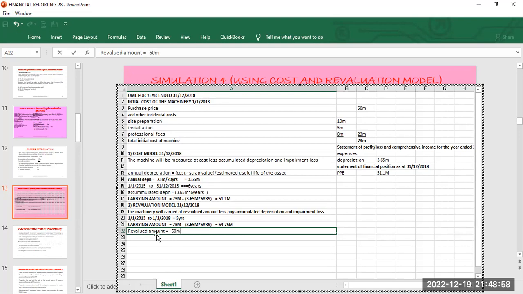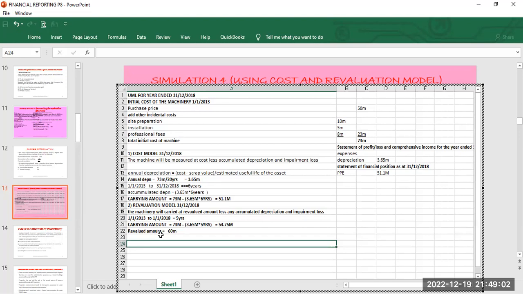That's what they gave us in the question. So when you look at that, we try to compare. We said to get a gain or loss, we get the revalued amount minus the carrying amount. So this is 54.75 million, but the revalued amount was 60 million. It means we had a gain, meaning we have a revaluation gain.